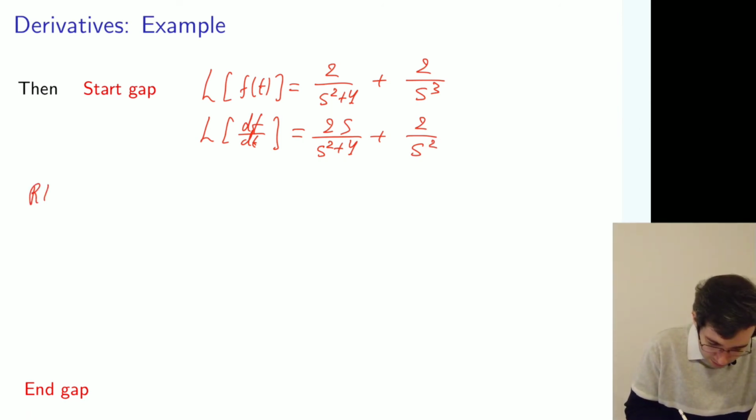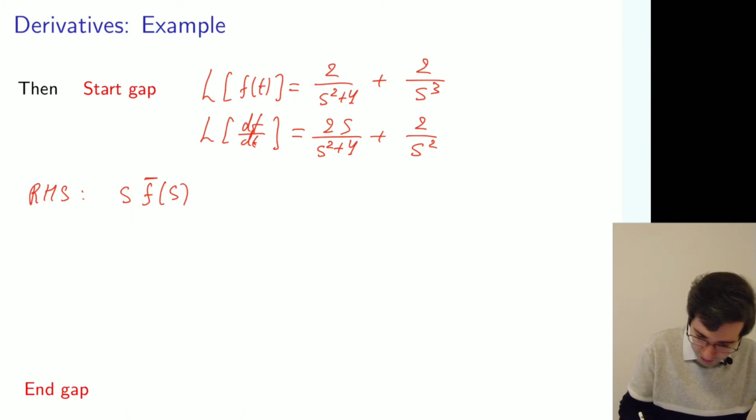So the right-hand side tells us that we want to compute s times f bar of s, which is that, minus the function at point 0.